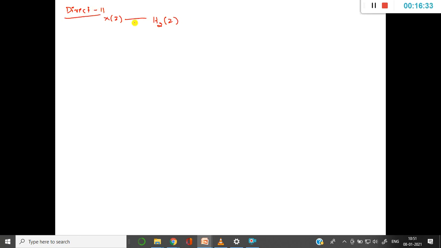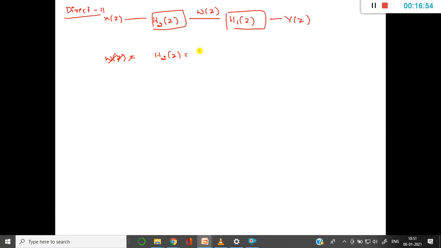H1(z). Now Y(z), so what is this? It is W(z). The first intermediate output W(z) is equal to, or H2 of z is equal to W(z) divided by X(z), the input.